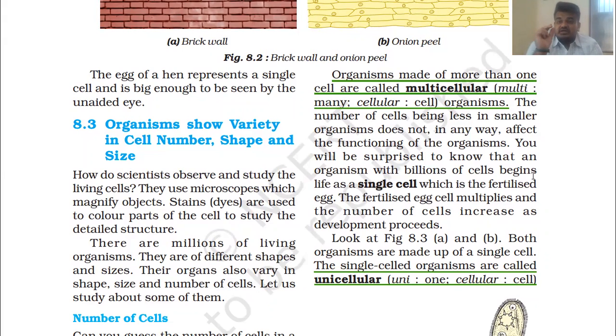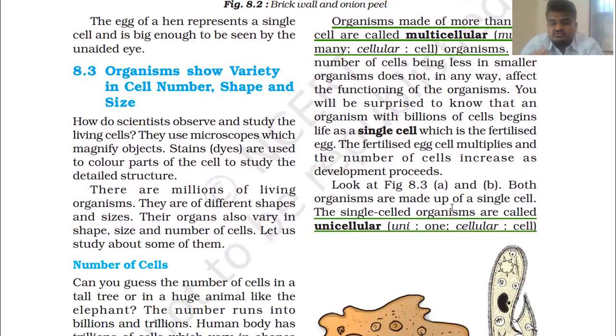So the egg of this hen is only unicellular, only one cell. The fertilized egg cell multiplies and the number of cells increases as development proceeds. As development proceeds, this fertilized egg cell multiplies, and that's how these billions of cells are produced.